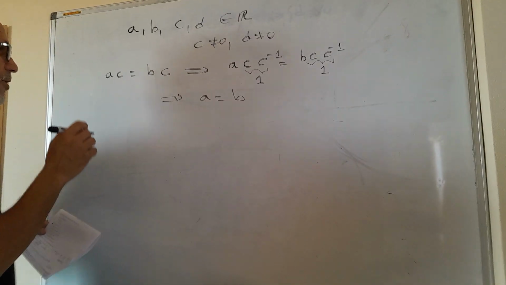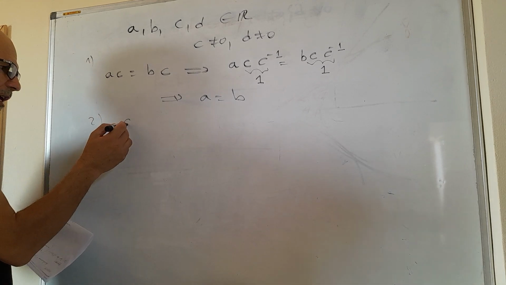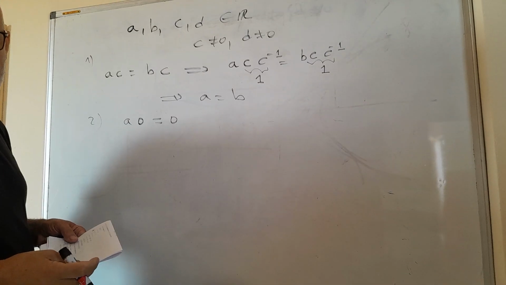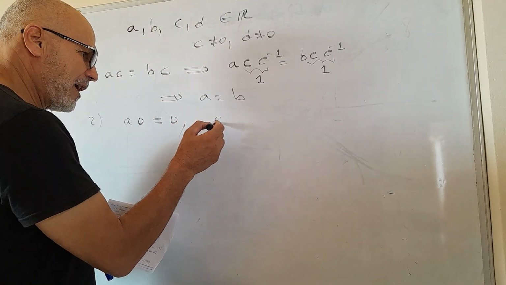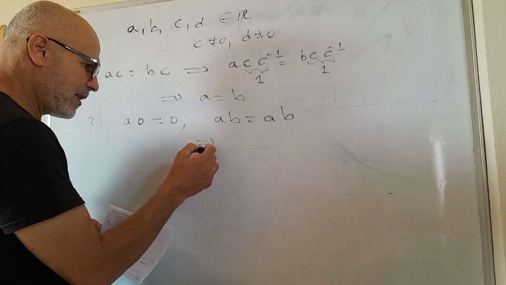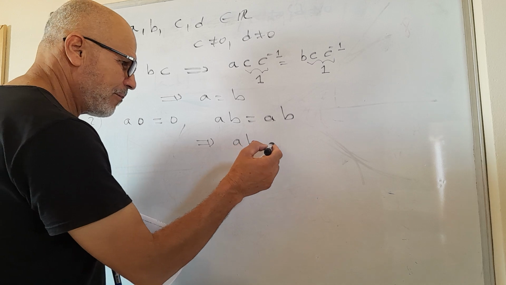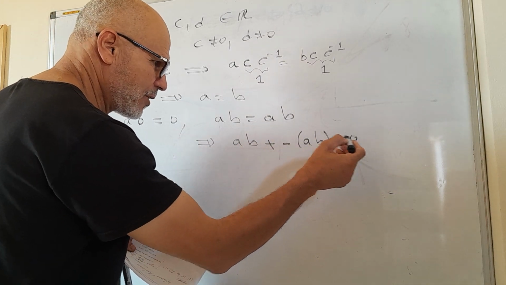This is the first question. The second question: if we have a times 0, this is equal to 0. How can we show this? We can write ab equals ab, and this implies that ab plus minus ab is equal to 0.